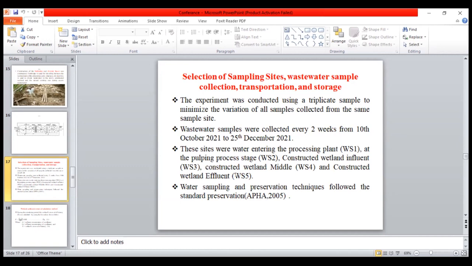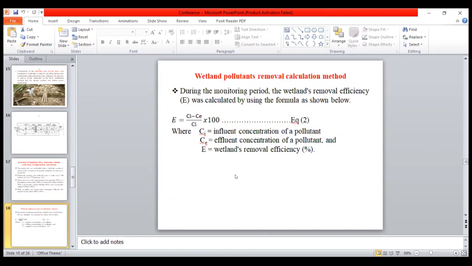The wastewater is taken from 3 sites: the inlet site, which is WS1, the middle of the constructed wetland, and also the effluent. And wetland pollutant removal mechanism is based on this calculation.